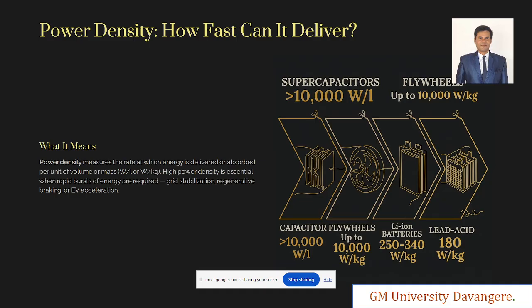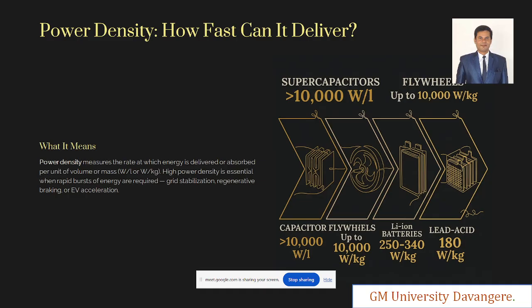The high power density is essential when a rapid burst of energy is required. So suppose if I want a quick amount of discharge, I will be switching over to the super capacitors, right, where I want to make my grid more stable. I gave the example in the last class about power quality, right. If you want to improve the power quality, you have to go for the super capacitors, where the discharging of the capacitors will improve the quality of the power in the grid for grid stabilization, right.